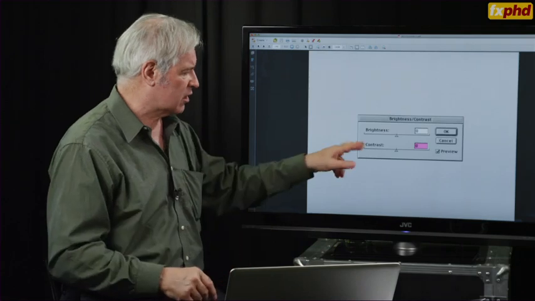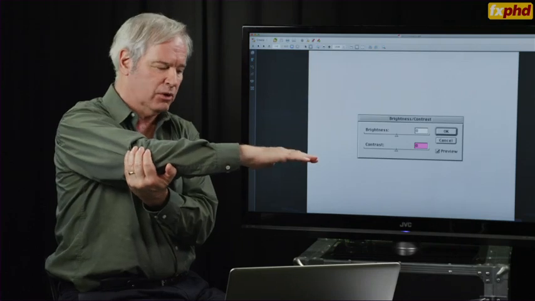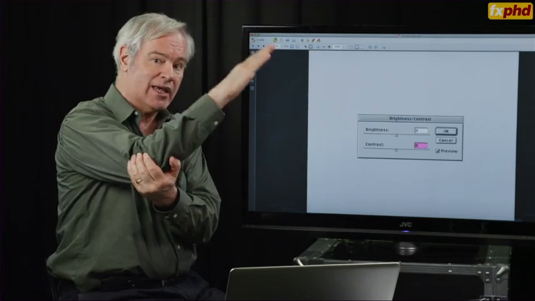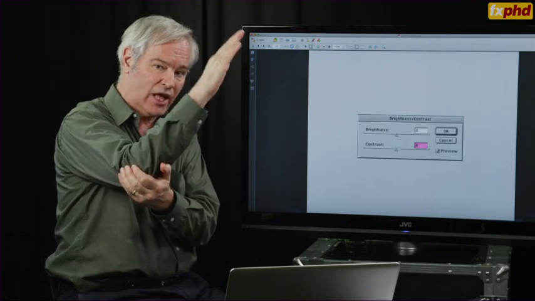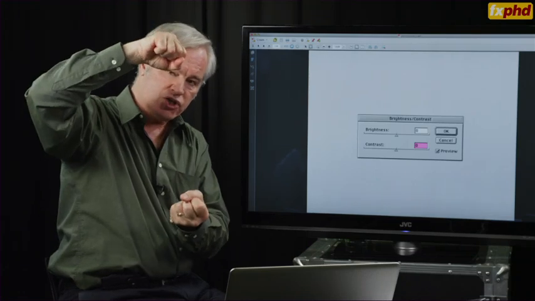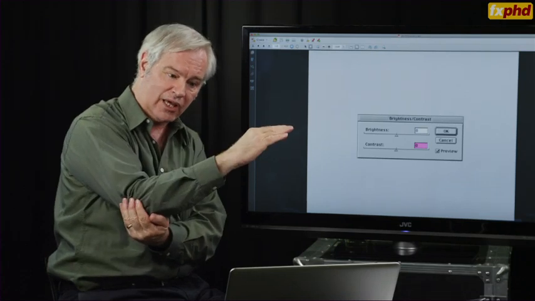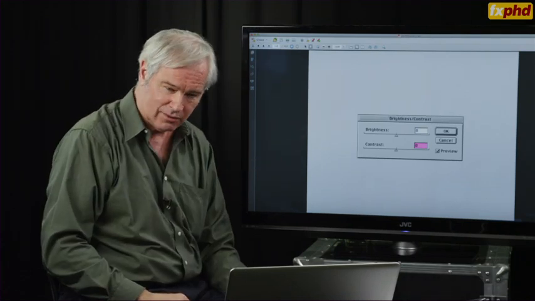And worse than that, the contrast control is basically leaving black pegged where it's supposed to be pegged and making the image occupy more or less of the output scale. So you can have a full image input coming in, and you reduce the contrast to make it less bright.